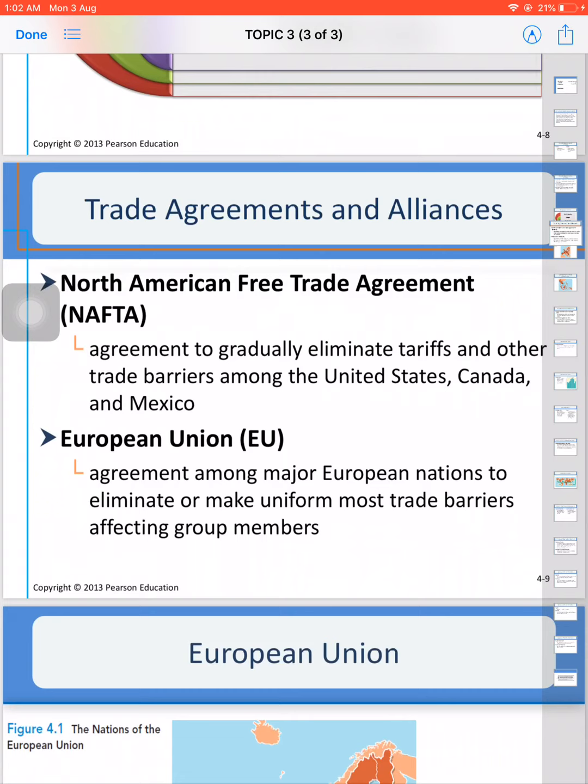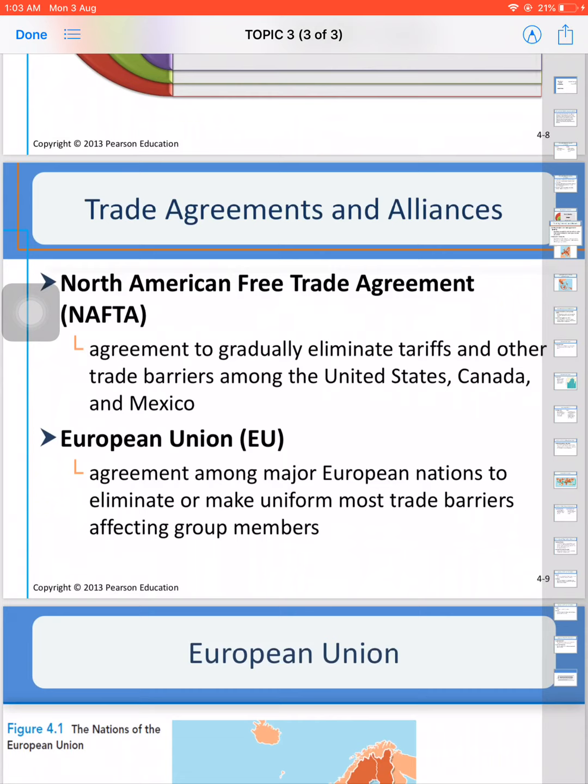This is between the European countries. For your information, the EU is now the largest free market in the world.